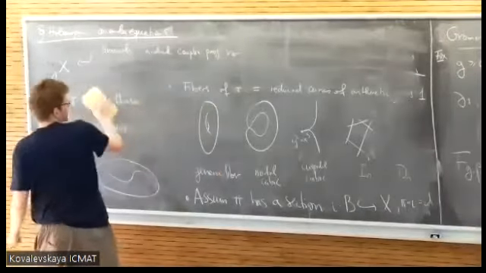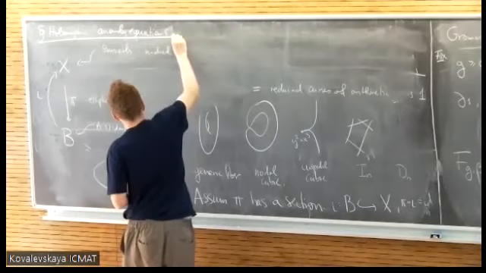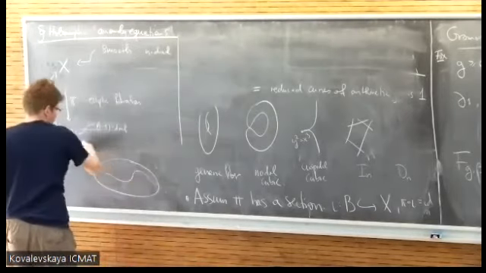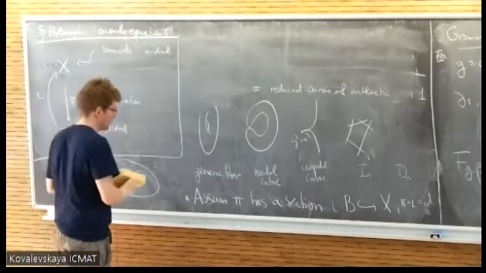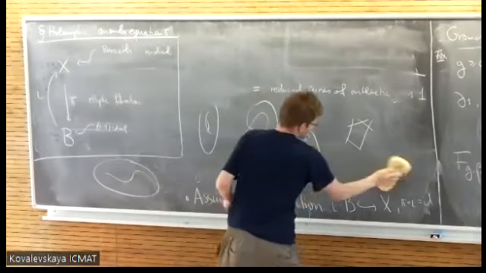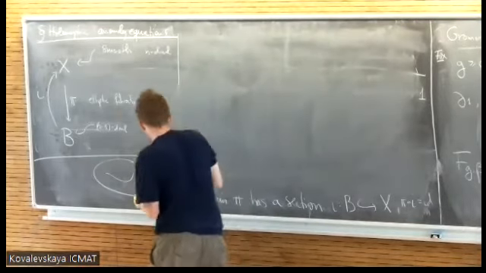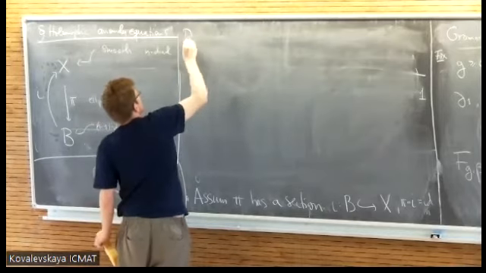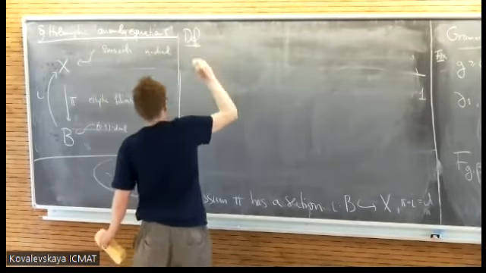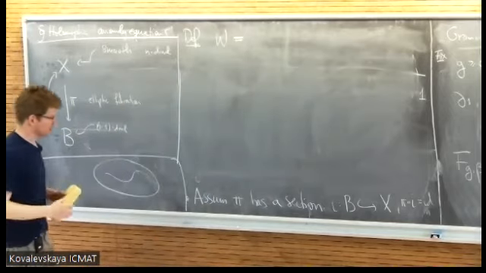So pi is an elliptic fibration, with X smooth n-dimensional. What's important here is to remember that there's a section, so I keep the section. The key in the definition is to define the divisor, which is essentially the divisor of the section.